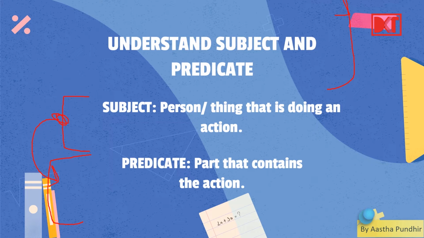Performing the predicate. Alright, so once you understand which is the subject and which is the predicate, it becomes easier for you to solve the question, which means to solve those jumbled words which you are given and form a meaningful sentence.